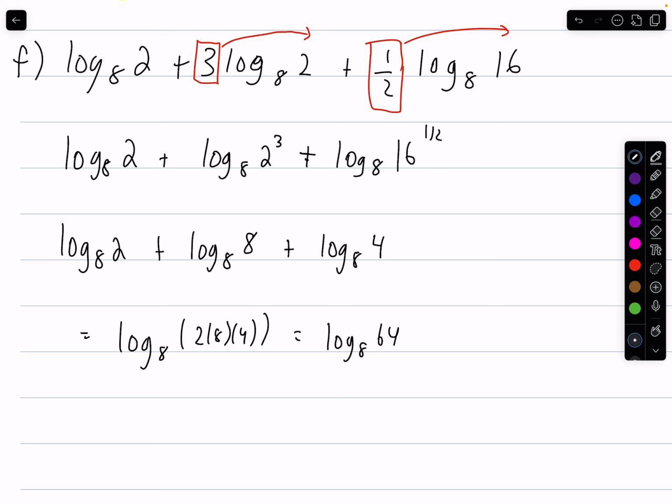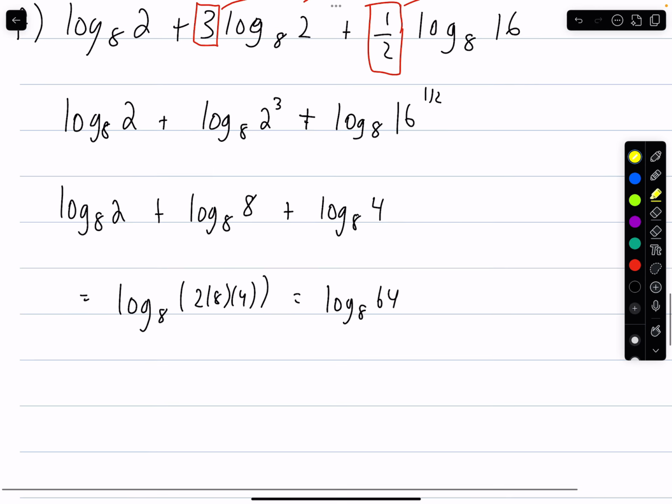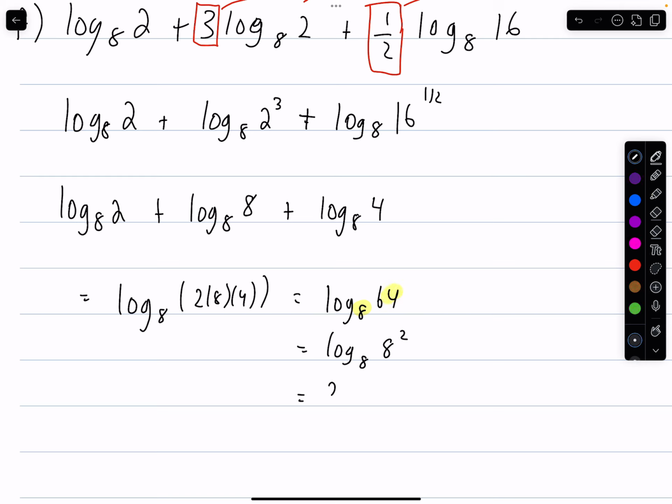And now, what is the relationship between 8 and 64? 64 becomes 8 squared, which just becomes 2 log 8, 8, which just becomes 2.